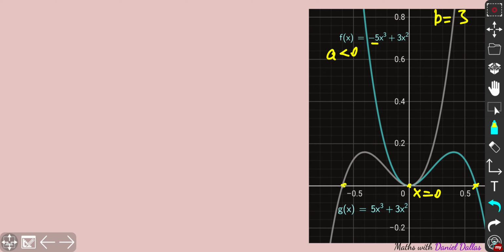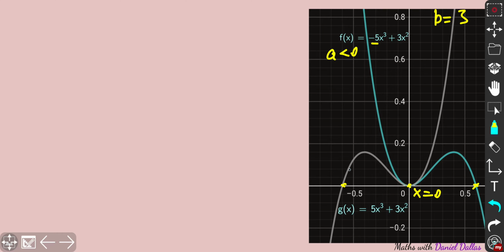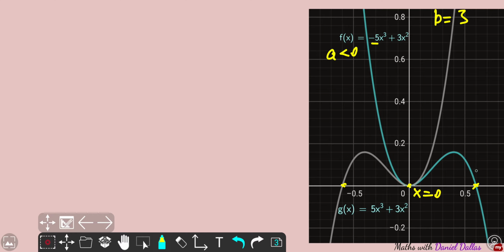The other zero is negative b over a, that's x3, depending on the sign of b and a. Let me zoom in a little bit. This value is going to be negative b over a, so b is 3 and a is negative 5, so it's 3 over 5. So generally, x3 is positive. This is x3.